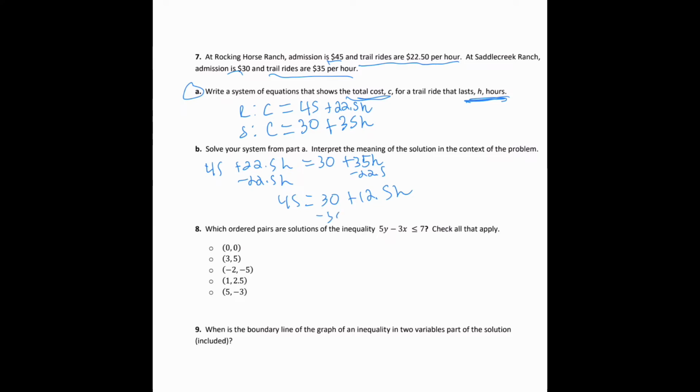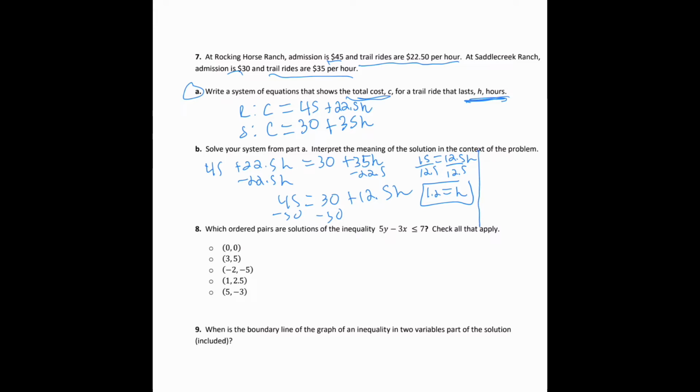Then we subtract 30 from both sides to end up with 15 equals 12.5H. Divide by 12.5 to figure out the number of hours where they're going to have the exact same cost, which will be 1.2 hours.